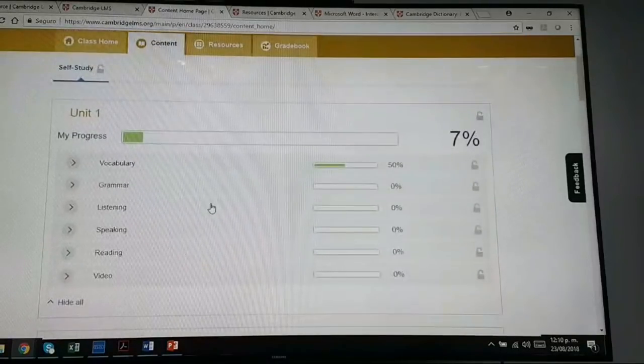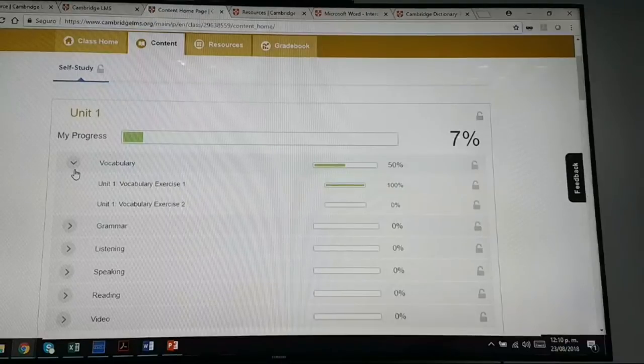I would say that it's never too little to have additional practice. But again, it doesn't mean that you have to give them all the vocabulary activities all the time. It doesn't mean that your students need to work with all the grammar exercises, listening, speaking, reading, video. I think this is gonna help you to have more direct work for your students whenever they need to work with something very specific.